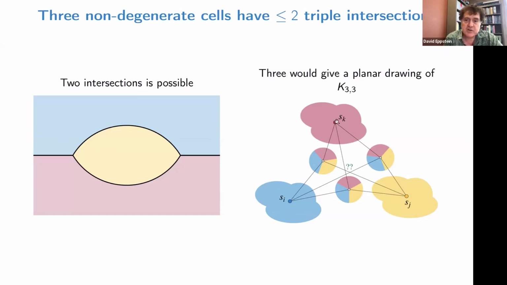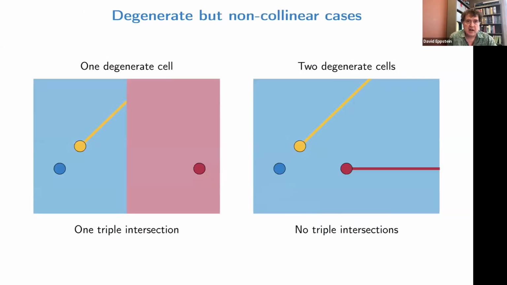Those segments would all be disjoint from each other, and that would give you a straight line drawing of the graph K33, the complete bipartite graph with 3 vertices on each side, and that graph is not planar. So it does not have a drawing like this, and therefore these 3 junctions cannot exist. So any 3 non-degenerate cells have at most 2 triple intersections.